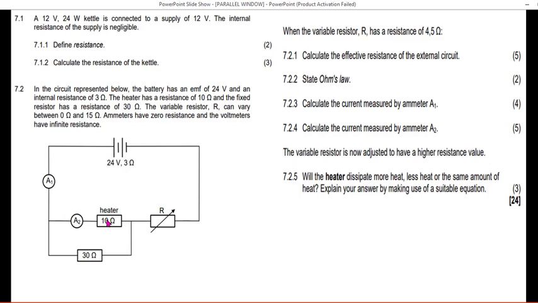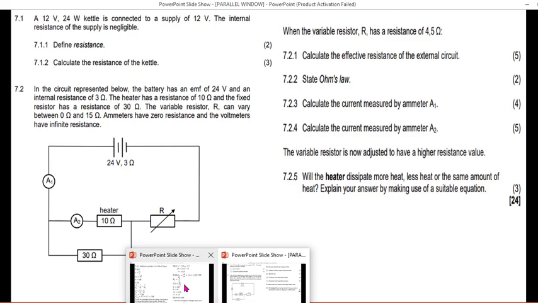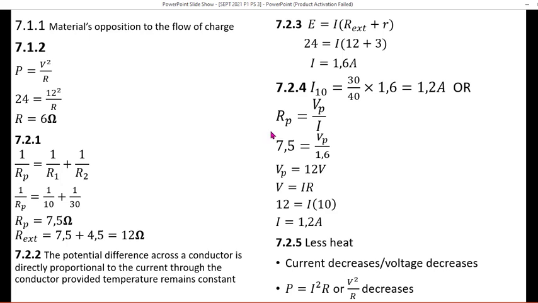What we have to do now is calculate what we call the parallel voltage, and when we get the parallel voltage, we use the voltage and the resistance in Ohm's law to find the value of the current going through the heater. So we say the parallel resistance is equal to the parallel voltage divided by the total current.